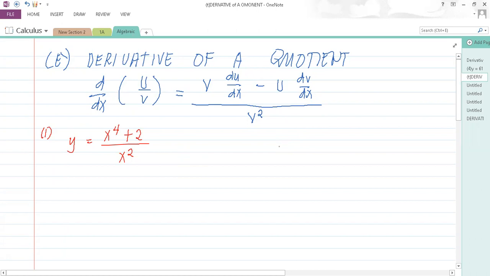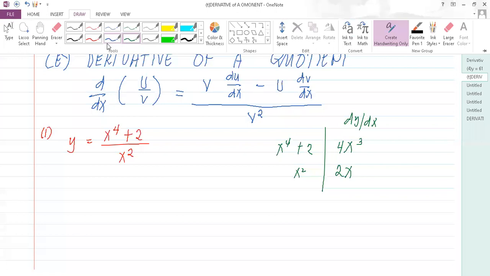So kunin natin yung derivative ng each function para hindi tayo mahirapan later on. Okay, so dy over dx. Okay, so the derivative of x raised to 4 plus 2 is equal to 4x raised to 3. Okay, and yung derivative ng x squared, that is 2x. So 2 minus 1 is 1, so x na lang yung natira. Okay, so yan yung derivative ng functions natin.